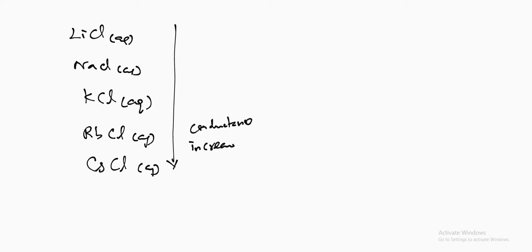Why? What's the reason? Listen, if you see the size of the ions alone, lithium ion, sodium ion, potassium ion, rubidium ion, cesium ion, when you move from top to bottom, size increases.